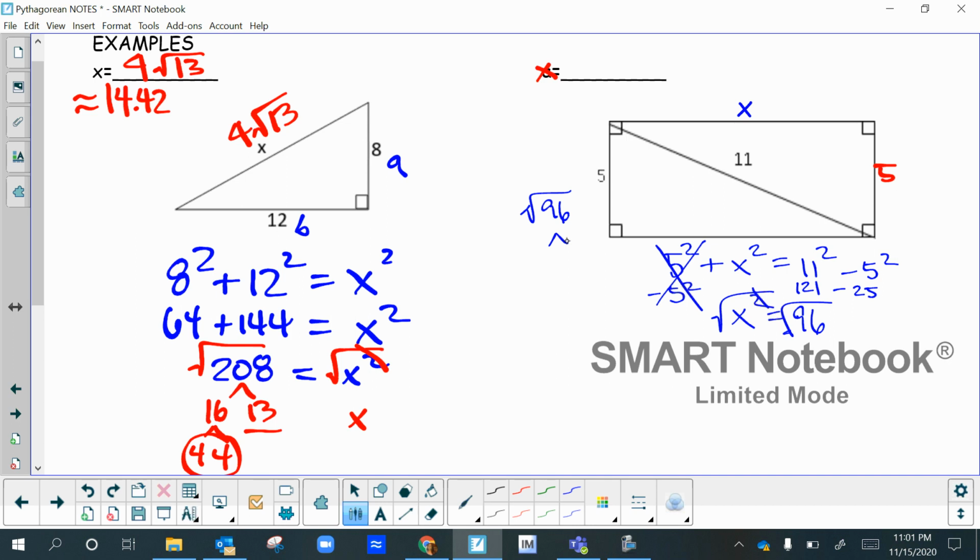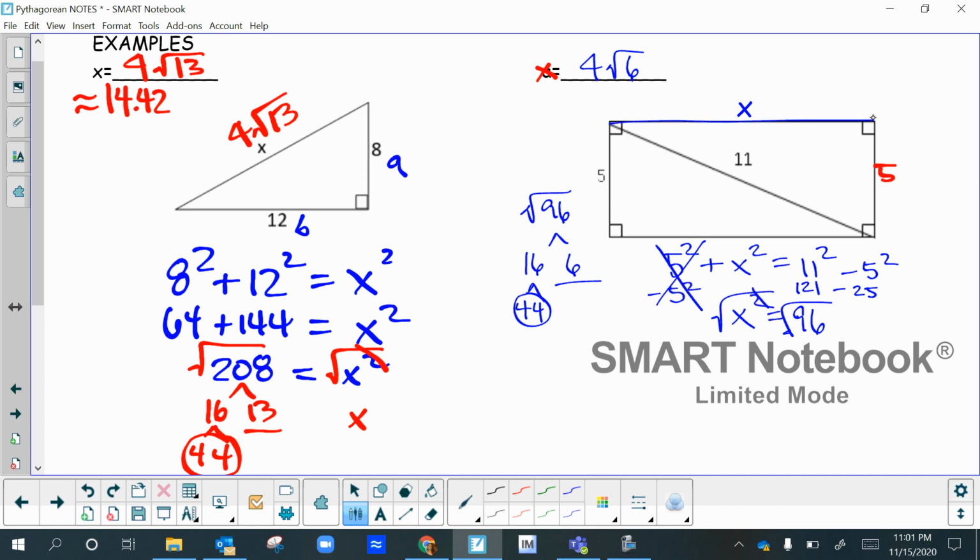Notice I like to use perfect squares. Yes, 6 times. So 16 times 6 is equal to 96. I know this is a perfect square, and underline that. So x is going to be 4 radical 6. Okay. And that's the length of this side of the rectangle. So we're going to leave it in radicals.